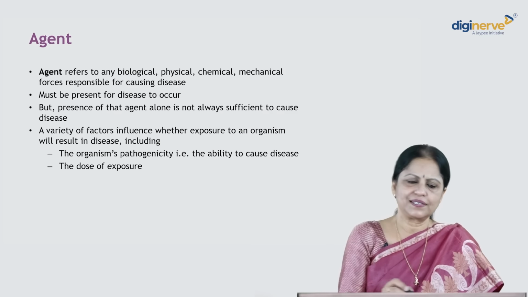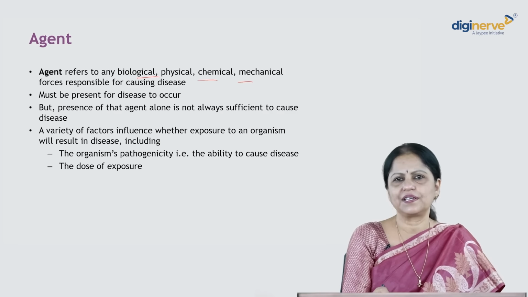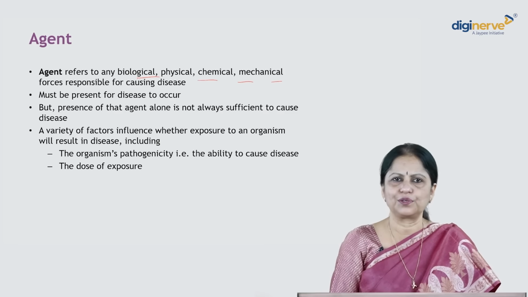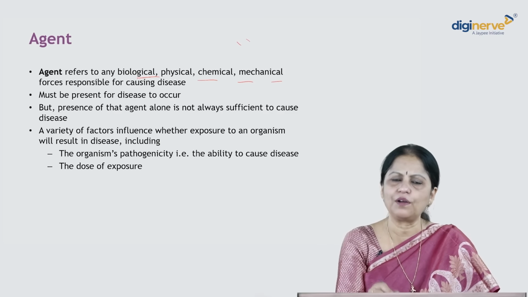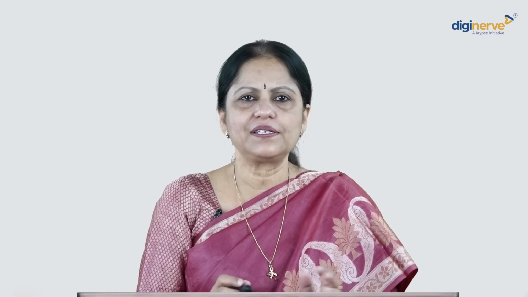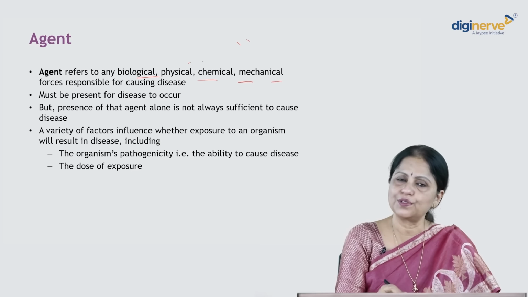Now the characteristics of the agent, host and environment. Agent is any biological, physical, chemical or mechanical force. Initially the concept was that the agent is only a bacteria or a microorganism. But later it was realized that not only biological, there are other entities which also serve as agents.